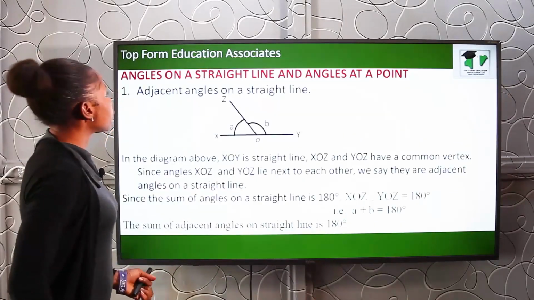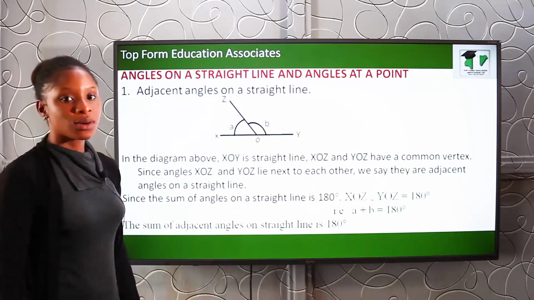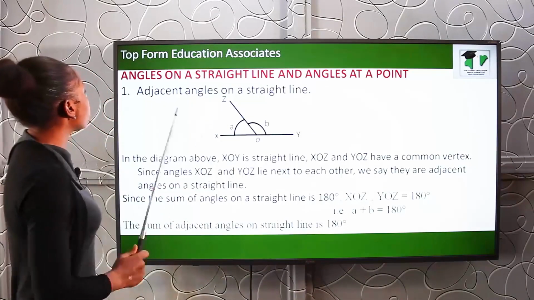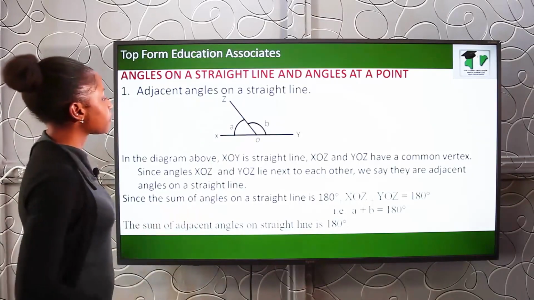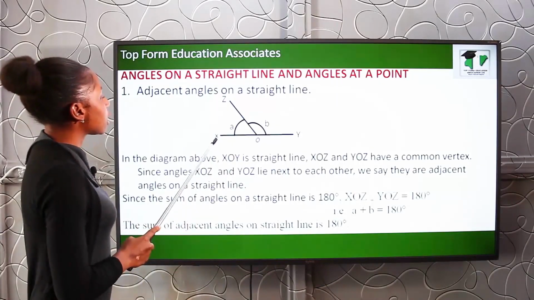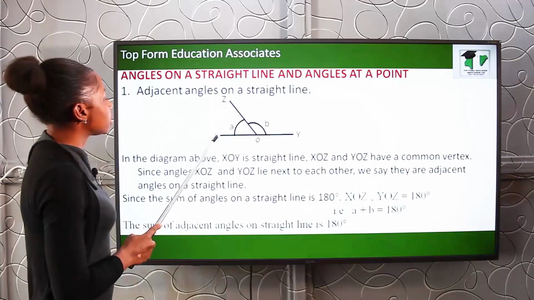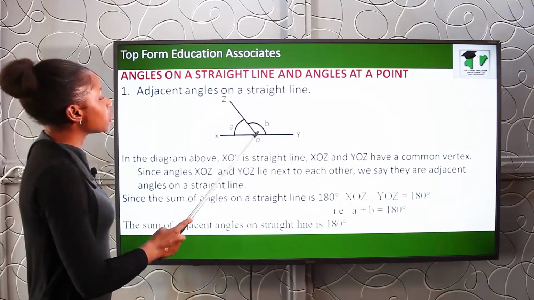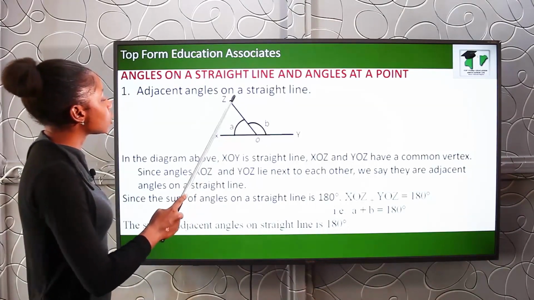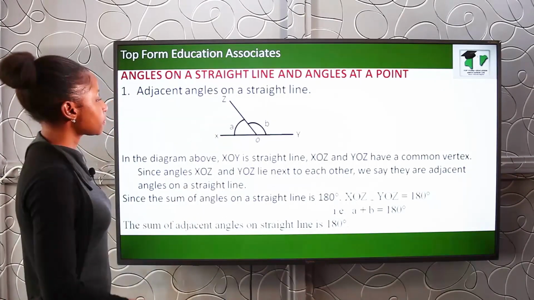Okay, first of all, we're going to be looking at angles on a straight line and angles at a point. Number one, adjacent angles on a straight line. All right, this is line XOY, and if you look at it from this direction, we have angle XOZ. And if you look at it from this direction, we also have angle ZOY or angle YOZ.